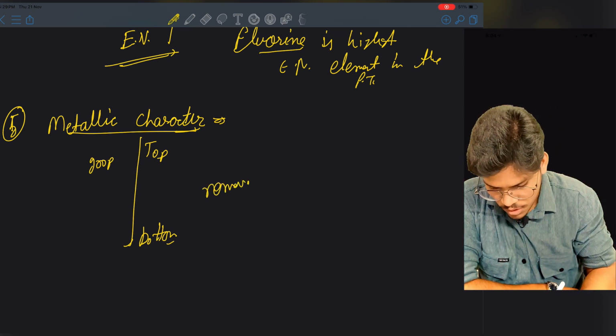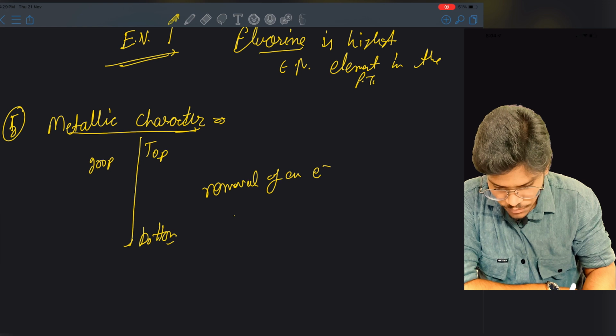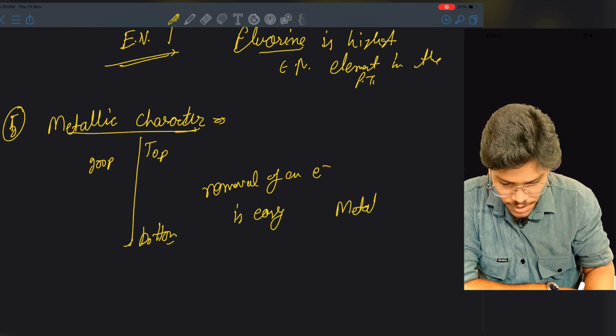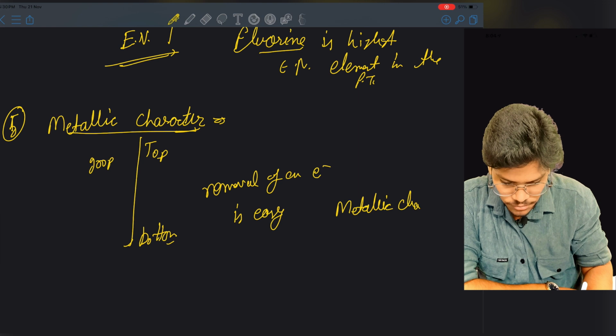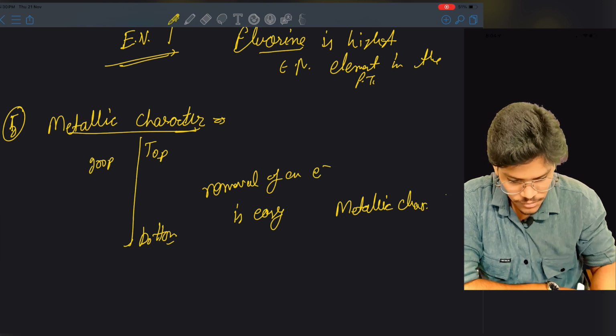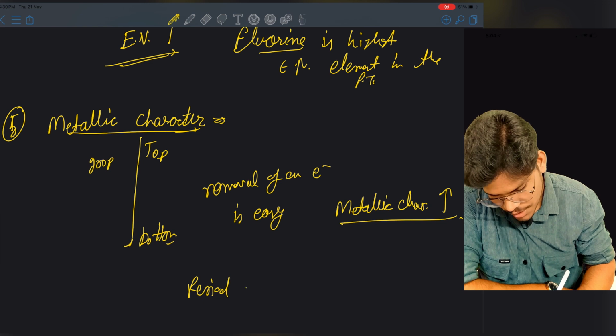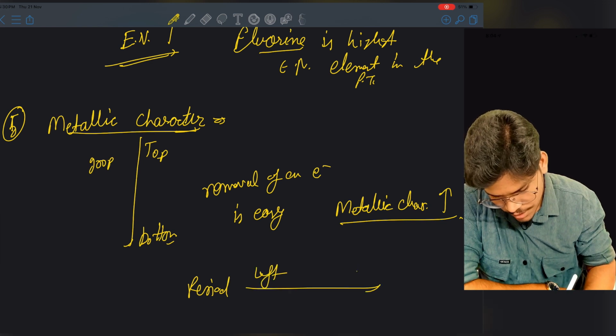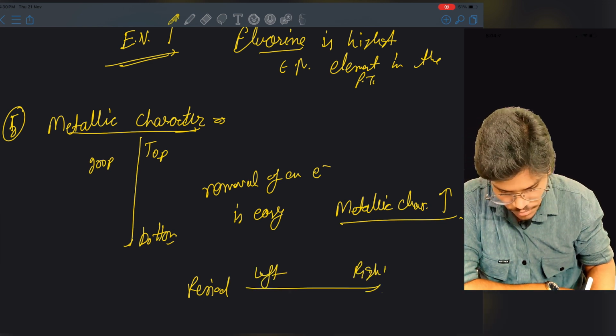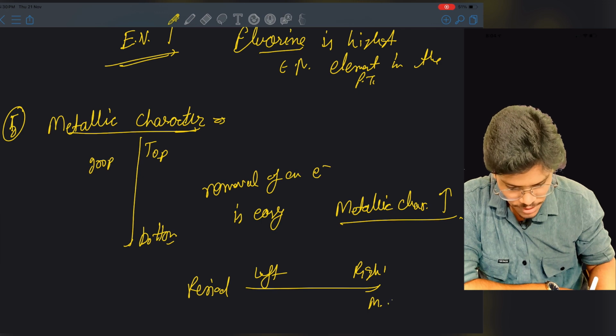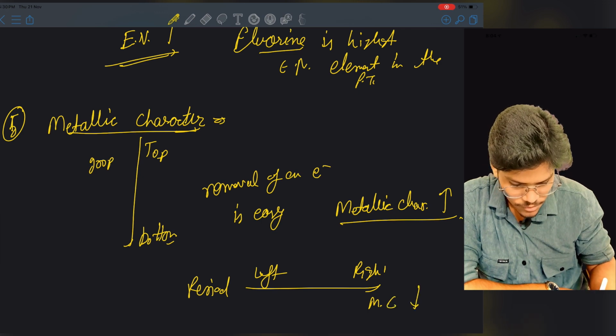So removal of an electron is easy, and the metallic character is increasing. From left to right in a period, we can clearly see the metallic character decreasing.